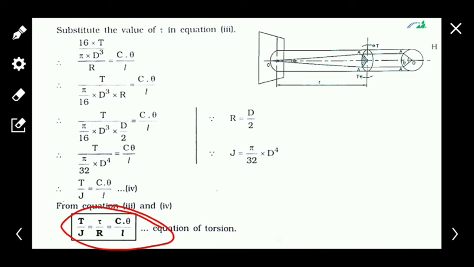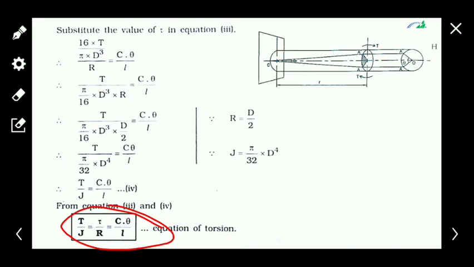So torsion is important for the transmitting element of rotational motion. The shaft is the most common transmitting element, and so torsion of shaft is a very important topic. In this chapter we only study the torsion of shaft.